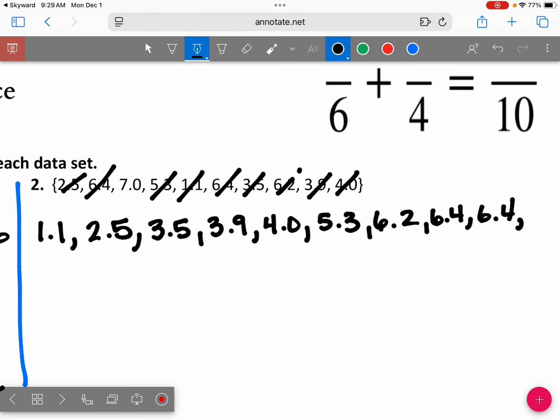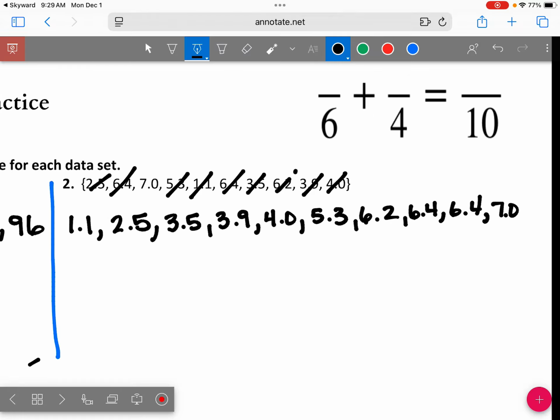All right, so now let's find the middle number. When we try to find the middle number, we got 1, 2, 3, 4 here, and 1, 2, 3, 4 here. Okay, yeah. So do you see how there are 2 numbers in the middle? Does everybody see that? When that happens, does anybody remember how you find the median when there's 2 numbers?